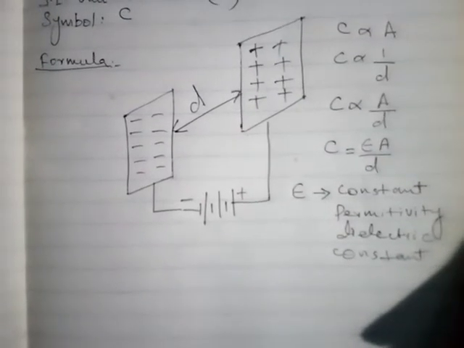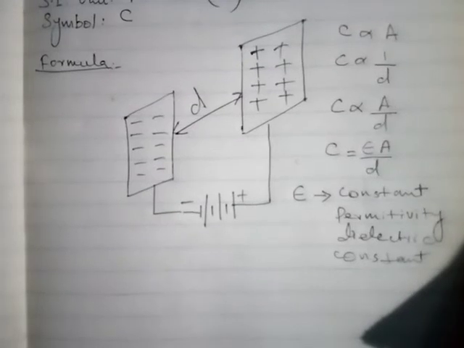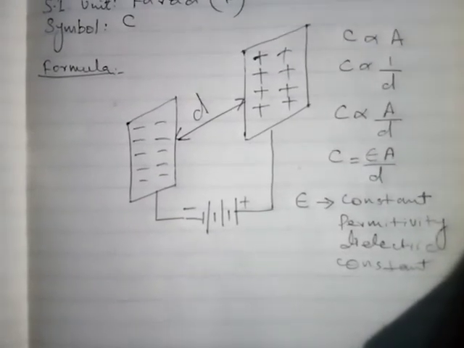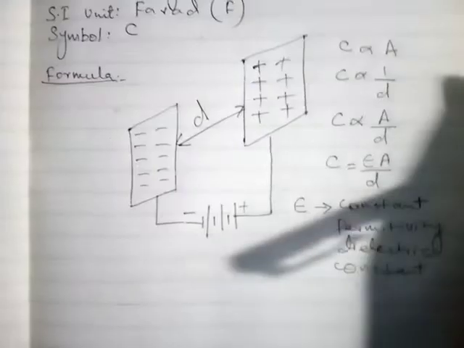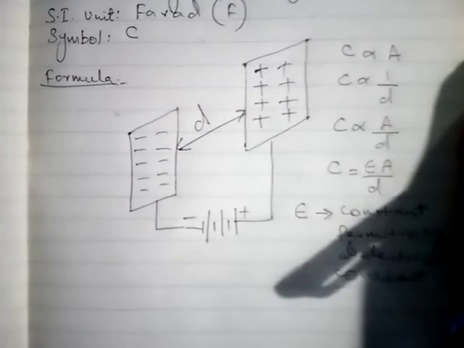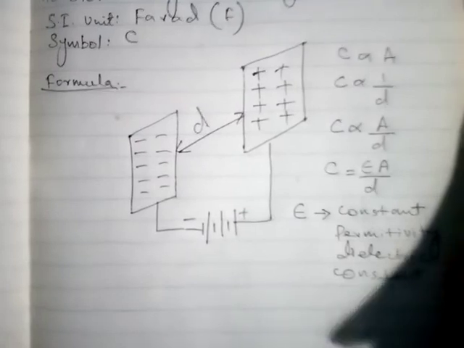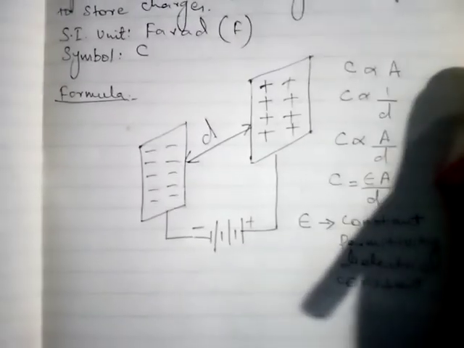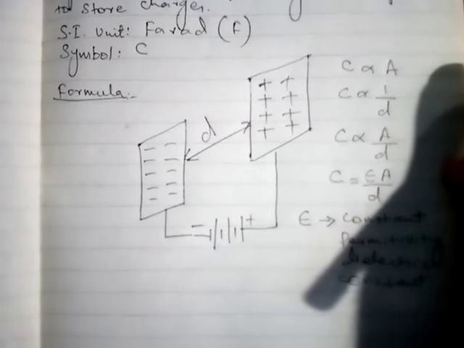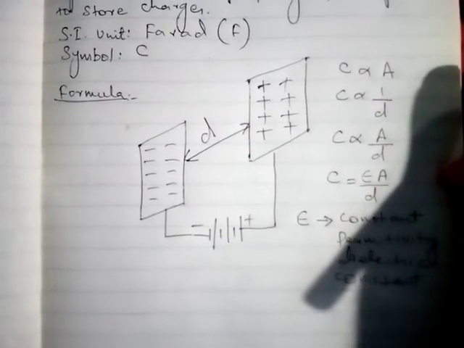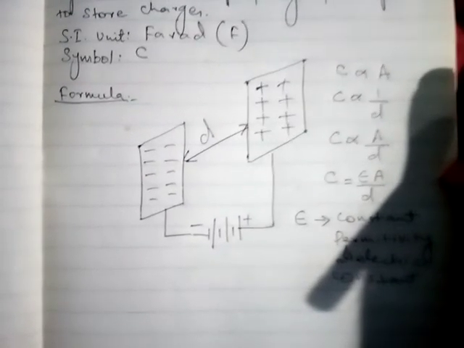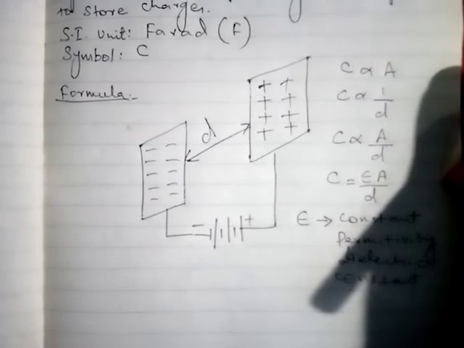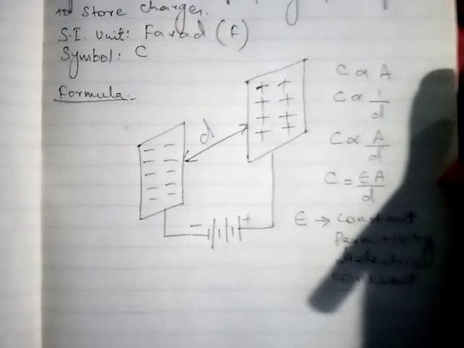This constant shows the insulation properties of a material which is used as a dielectric, as an insulator between the two parallel plates of a capacitor. Okay, what is dielectric? Dielectric is an insulative material which is used between the two parallel plates of a capacitor, so that both of the plates couldn't come in contact with each other.